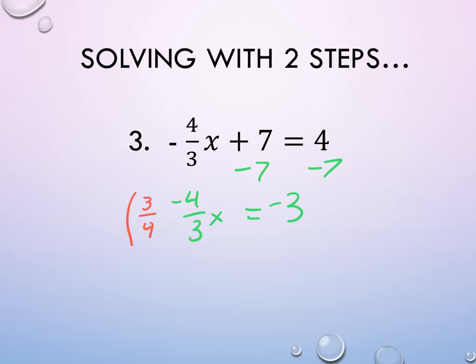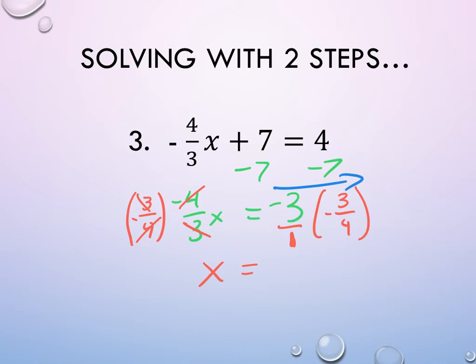3 over 4, remember that's a negative. If I multiply by -3/4 on one side, I have to multiply by -3/4 on the other. See what happens? We can cross cancel, okay? And we multiplied by that reciprocal on purpose because that's going to get us our x by itself. On the right side, we have to use our trick of multiplying a whole number and a fraction where we make that whole number into a fraction, and then we multiply straight across.